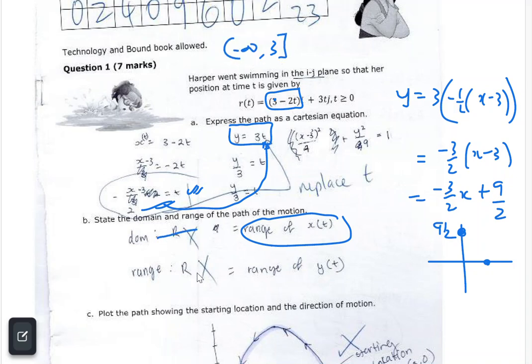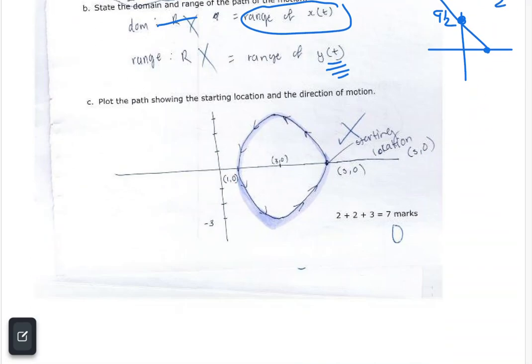So that ends up being the range of x of t. And the range of y of t, well, that's going to be 3t, and t goes from 0 to infinity, so that's going to be 0 to infinity. Which means what we're drawing is this line here.